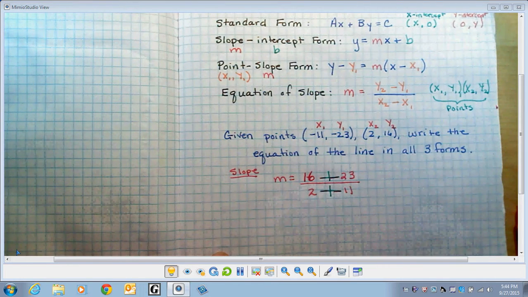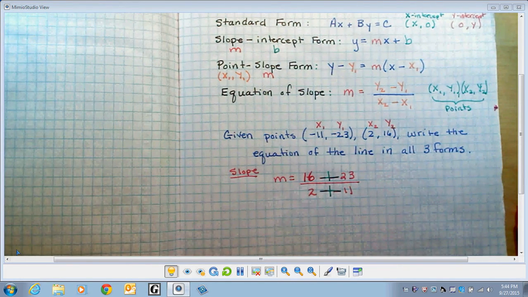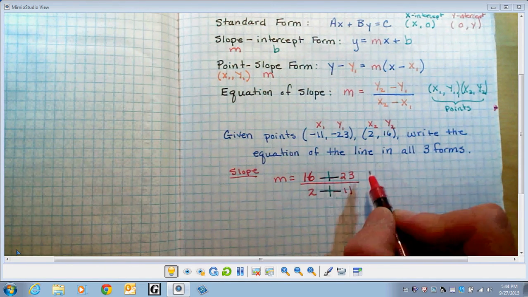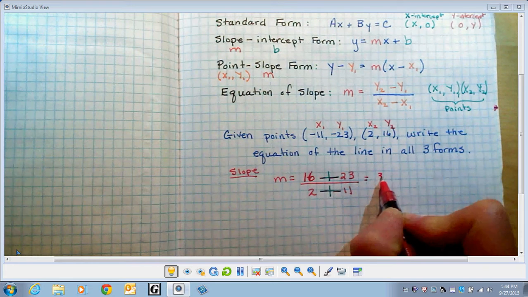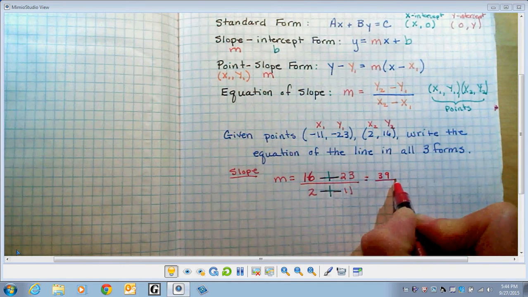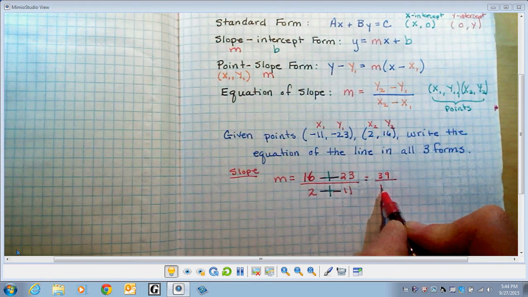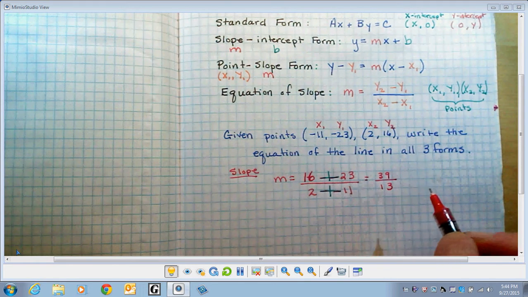plus. So that means then that I have 16 plus 23, which gives me 39. And then I have 2 plus 11, which gives me 13.